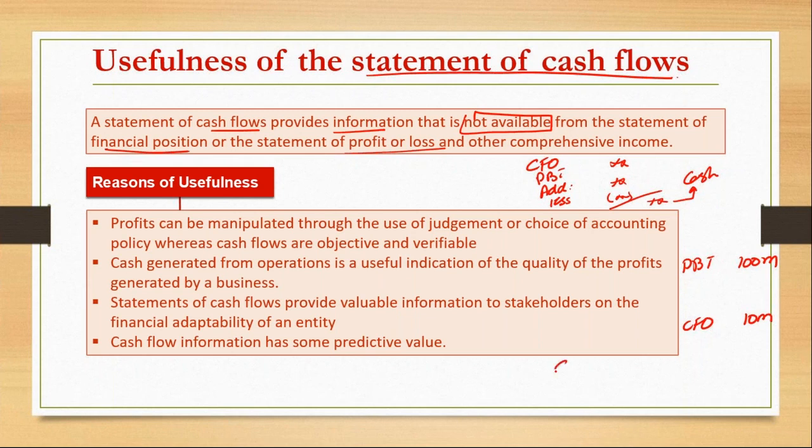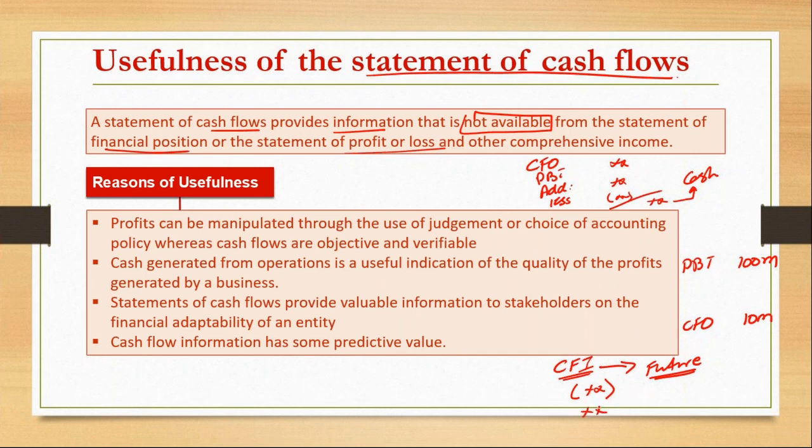Similarly, the cash flow from investing activities tells us the future prospects, because if I'm purchasing assets today, investing in non-current assets today, these are going to give me returns in later years. So a negative CFI means a better future, increased profit and increased cash inflow in the future.